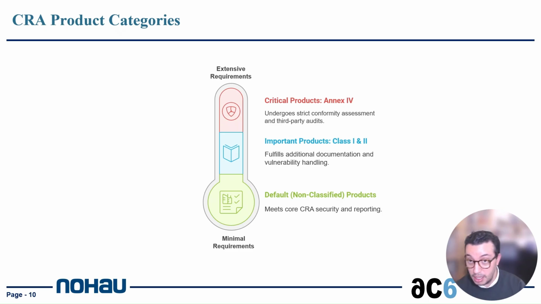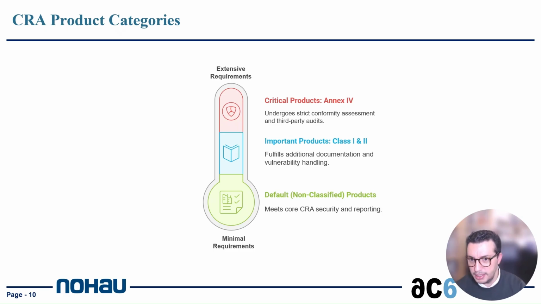Default products, they are non-classified PDEs. So these only need to meet the core CRA security requirements and basic reporting. Above that, you have the important class 1 and class 2. These require additional documentation, stronger vulnerability handling process, and in some cases more rigorous conformity steps. And at the top, you have the critical products.